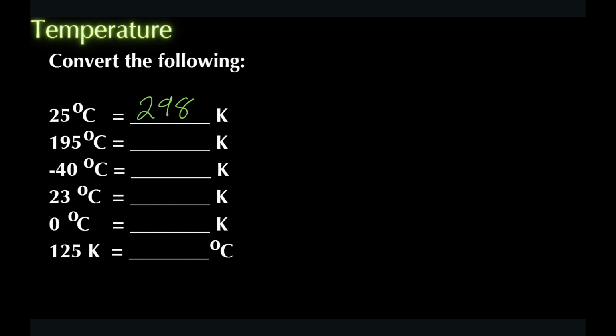Now our next one is 195 degrees Celsius. Again, we're going to add in that 273, which will give us 468. All right, our next one is negative 40 degrees Celsius. Converting that to Kelvin, adding in 273 will give us 233.